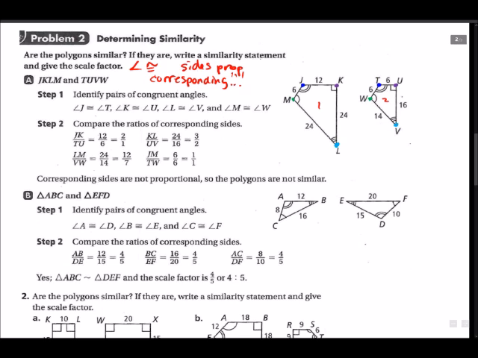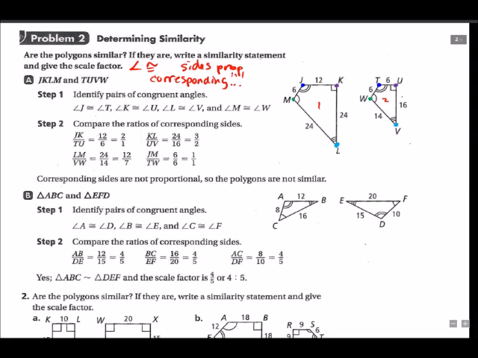We could stop right now because these two ratios are not the same. But let's continue on and look at it. L to M is V to W. It's a 24:14, which is a 12:7. So definitely not similar at this point, right? And J to M is T to W. It's a 6:6. It's a 1:1 ratio.